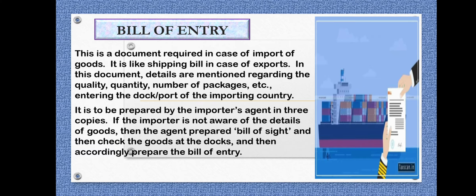That means in absence of the details of the goods, the agent can prepare a bill of sight and accordingly the bill of entry is prepared. That means in short, bill of entry is required in case of import of goods.